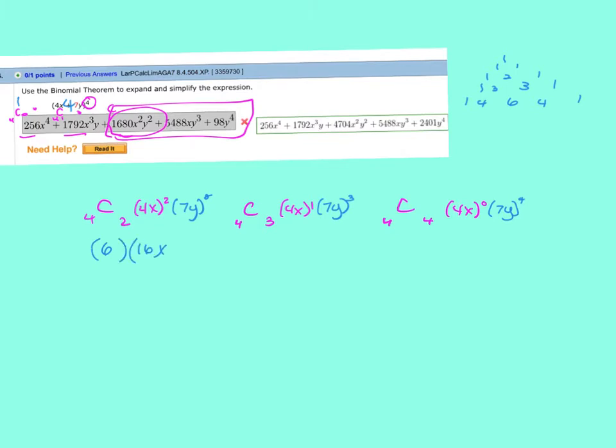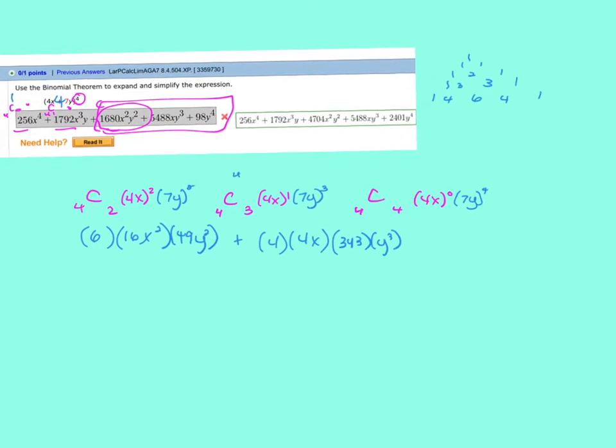16x squared, ooh, 49, holy moly, y squared, plus C(4,3), this would be my 4, so 4, 4x to the first, 7 to the third, that's 289, right? Nope, 343. y to the third.